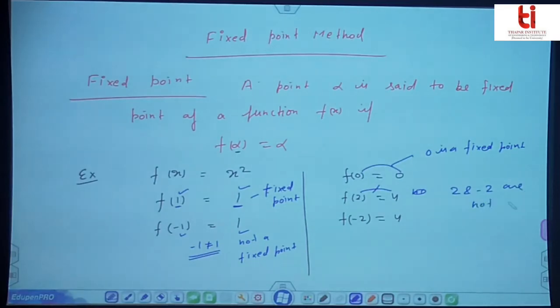So f(x) equals x square has only two fixed points, those are 1 and 0. So the fixed point of a function is where the input and output are the same, or the function has the same value as the input.